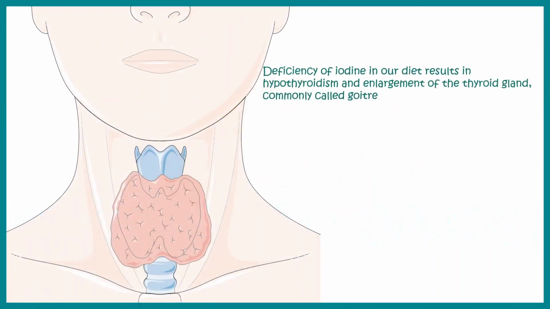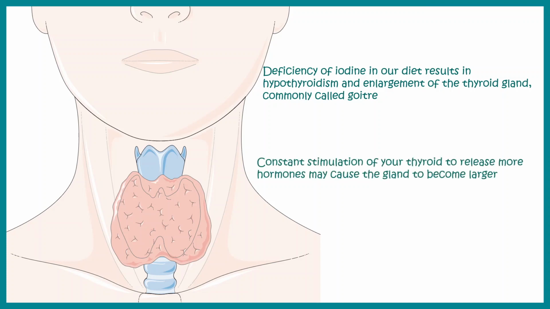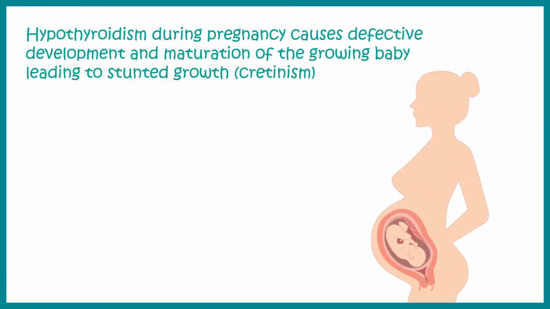Now, let's talk about the deficiency of iodine. So, iodine deficiency in our diet can lead to hypothyroidism and enlargement of the thyroid gland, commonly known as goiter. Constant stimulation of our thyroid to release more hormones may cause the thyroid gland to become larger. Hypothyroidism during pregnancy causes defective development of the baby.